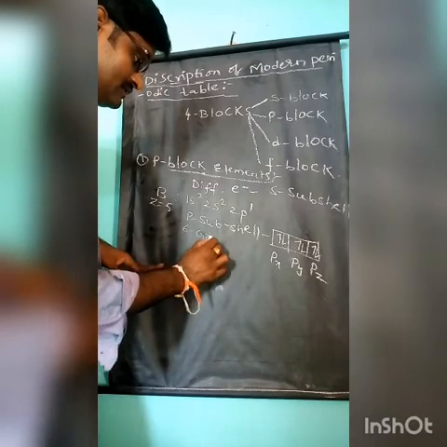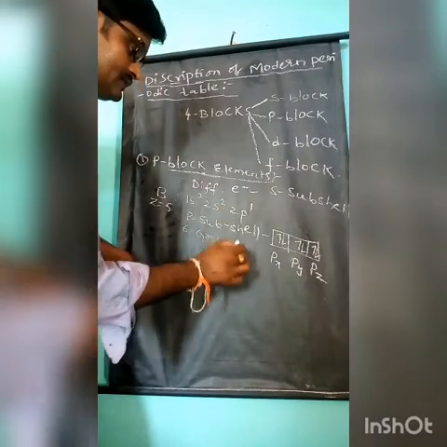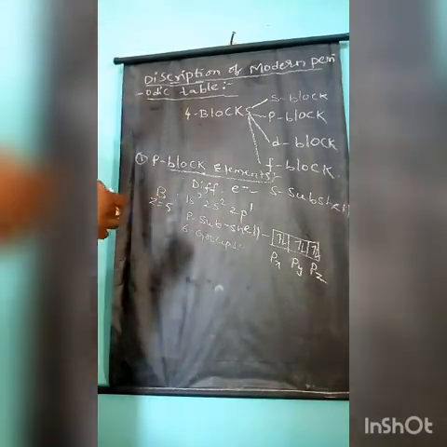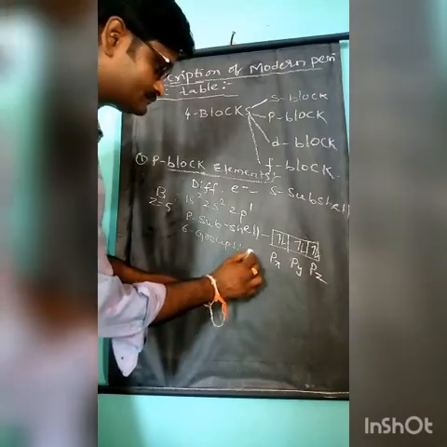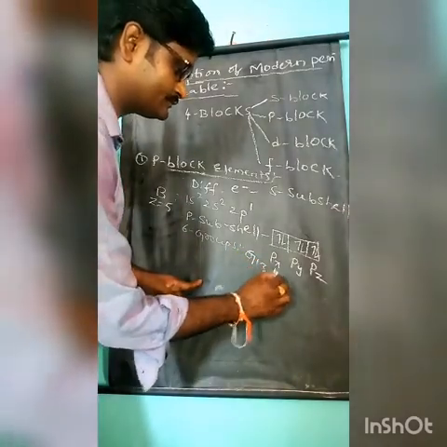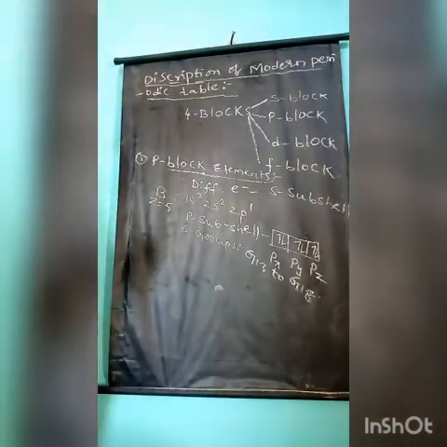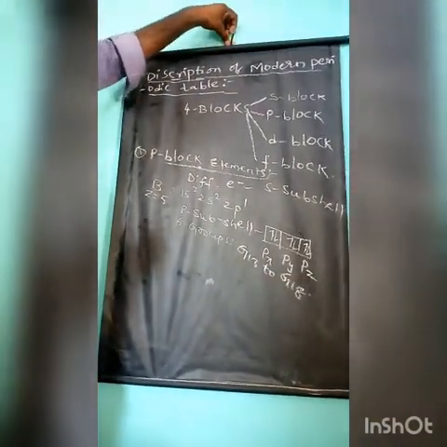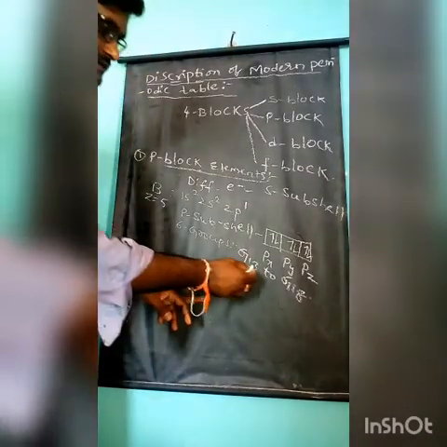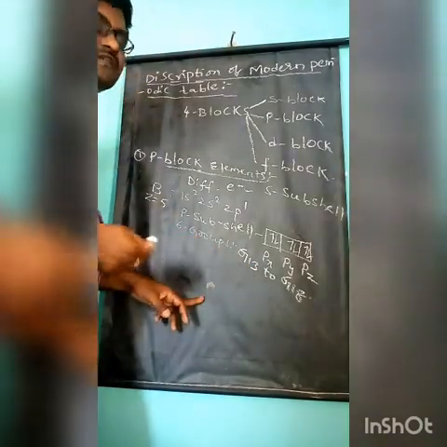Those 6 groups start from G13 to G18, that is, boron family to inert gases.